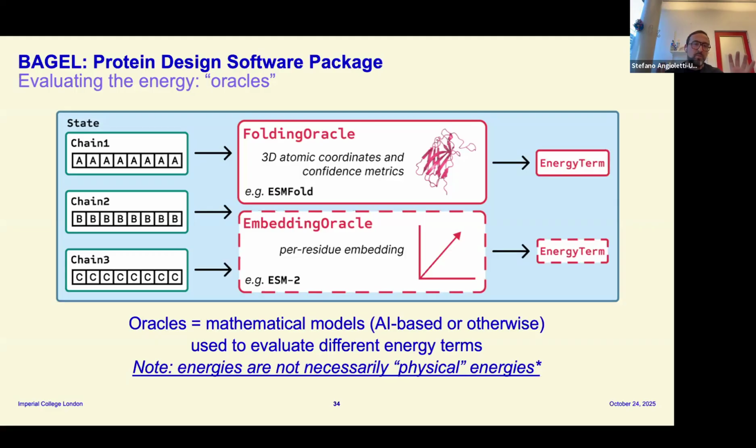So one oracle would be an algorithm like AlphaFold that, given the sequence, gives you the structure, and then we are able to evaluate that energy term. In general, keep in mind that energies are not necessarily what a physicist would call an energy. You can think about energies here as truly any quantity that you want to minimize in the optimal design.